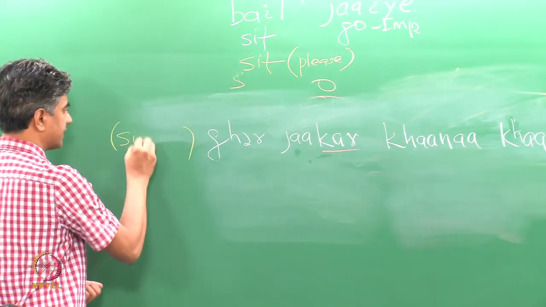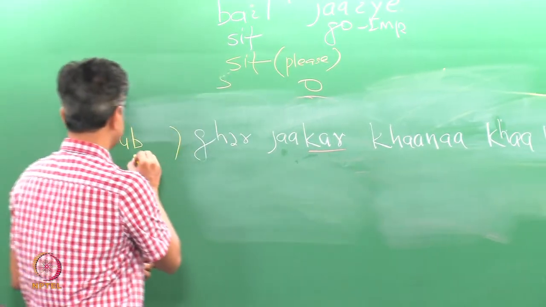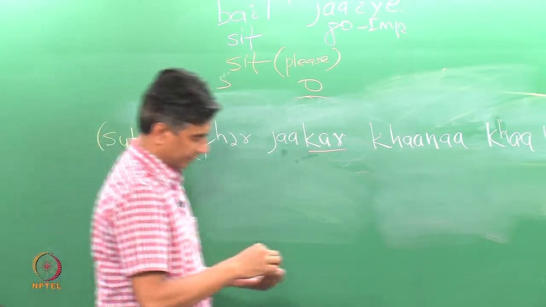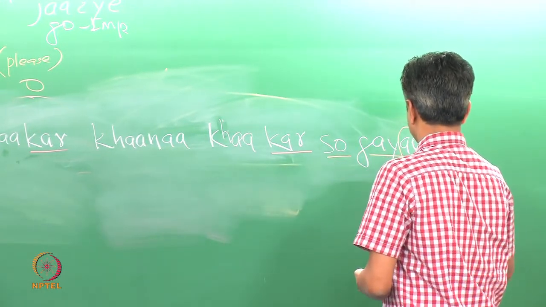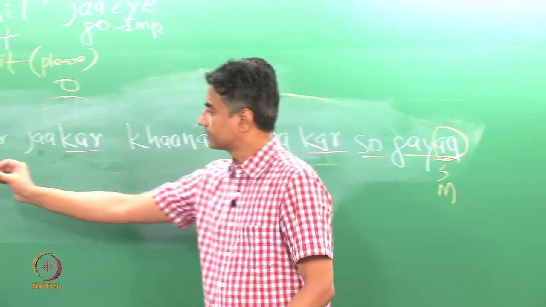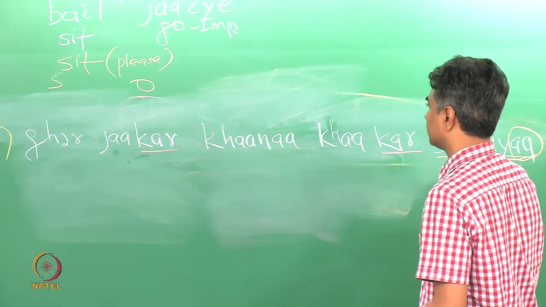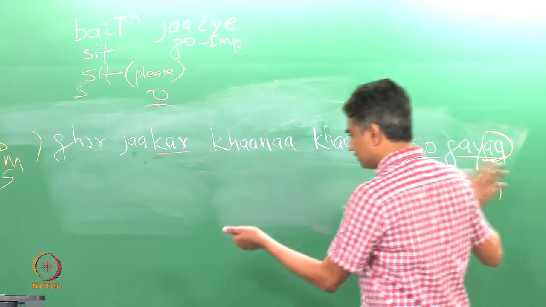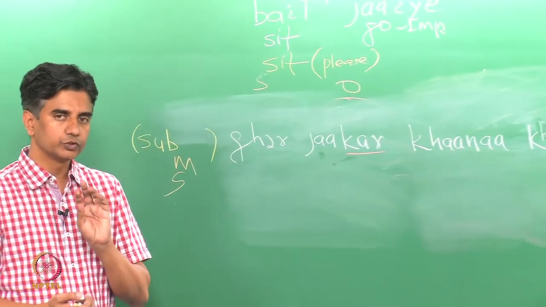The subject of this sentence is something else, which of course is masculine, which is indicative here on the verb, singular and masculine, indicative of the agreement. Now, leaving the point of agreement aside, what I want to draw your attention to is two parts.